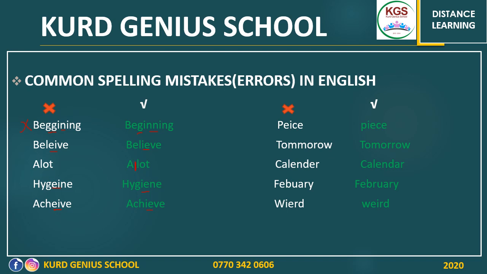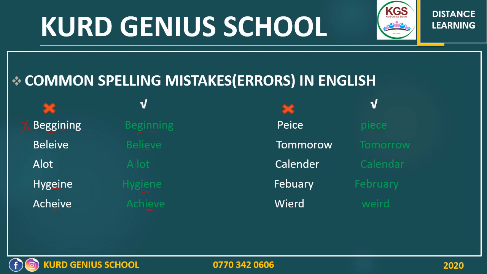Achieve means to get something, to get your dream, like getting your dreams. And the next one is peace. Look, this peace is misspelled. We make a mistake here. It either means peace between people, or piece means a piece of cake or a piece of paper. That one is correct.